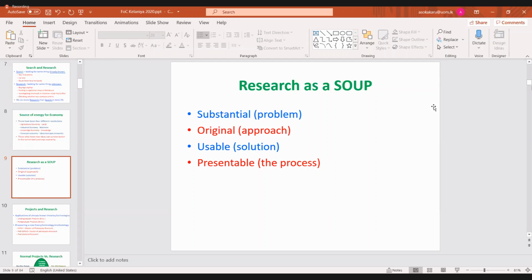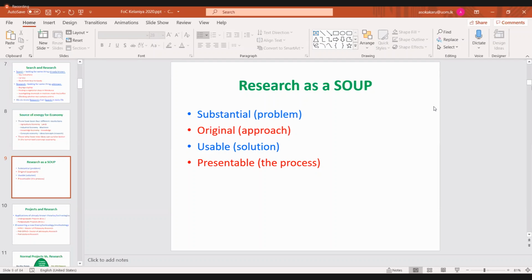One is the S, which stands for substantial. What should be substantial? The problem that you are addressing, or the concern that you are addressing, should be worth addressing. Substantial means it has value, what I call an important problem.